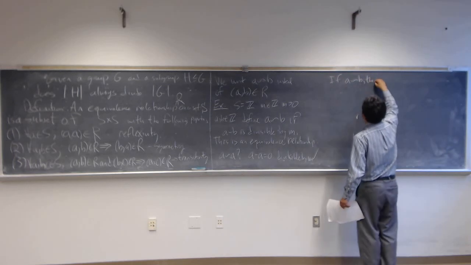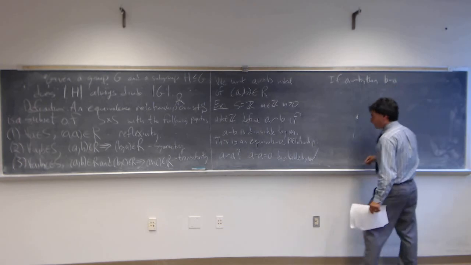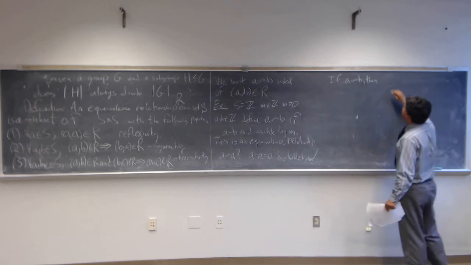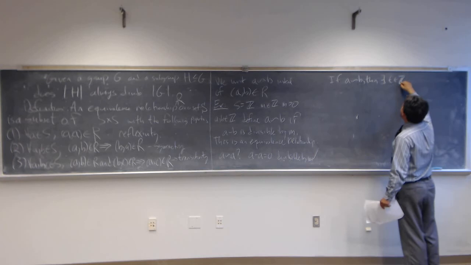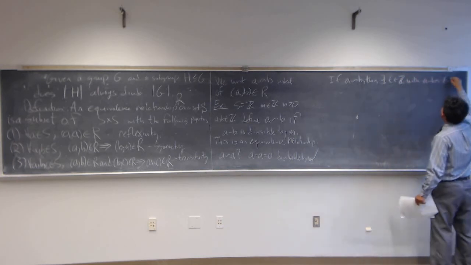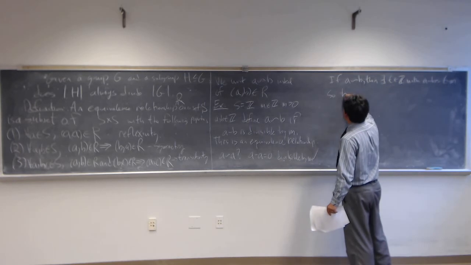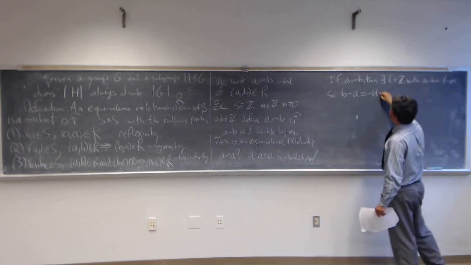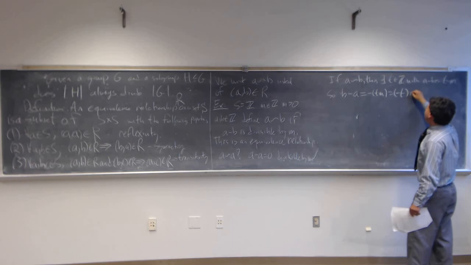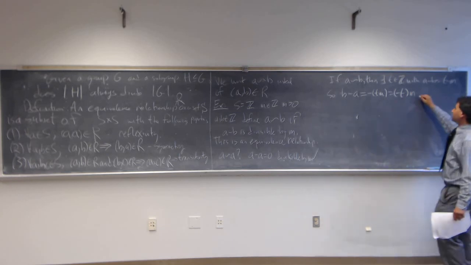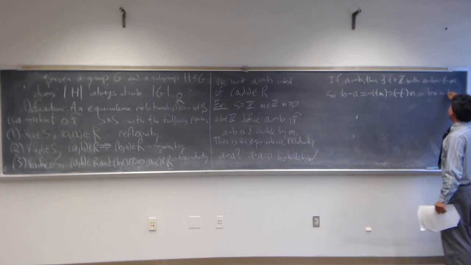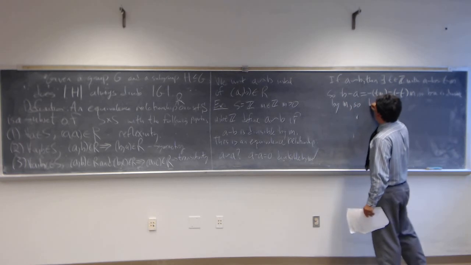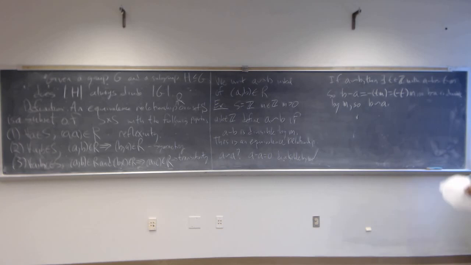If A relates to B, then A minus B is divisible by M. So there exists an integer T with A minus B equals T times M. So B minus A is just the opposite of A minus B. If I multiply by -1, using the associativity of multiplication, that is equal to negative T times M. So B minus A is divisible by M. So B relates to A. So we've got the symmetry.